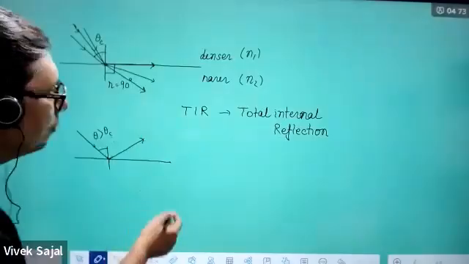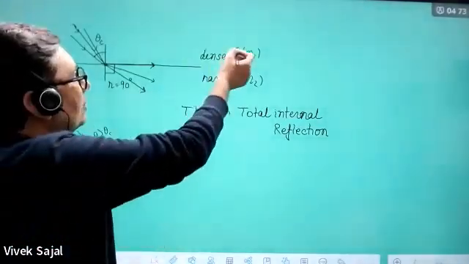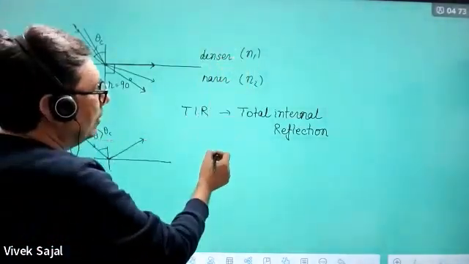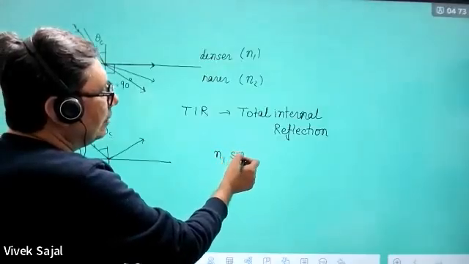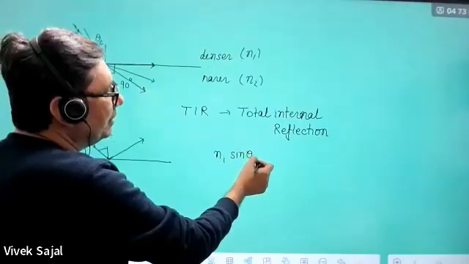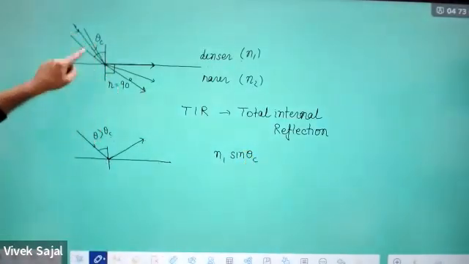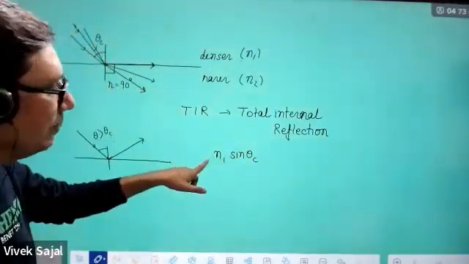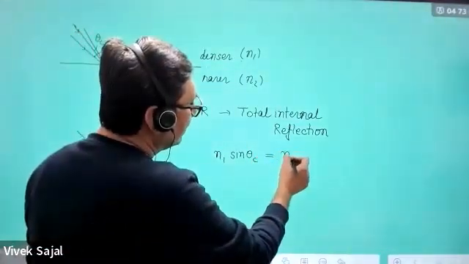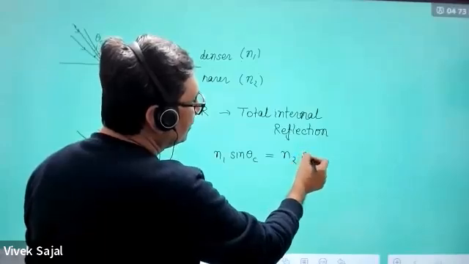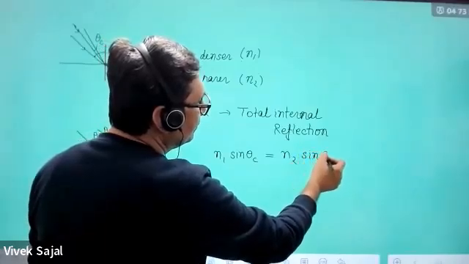How can you calculate this angle? Try to understand. This is the first medium, so I write n1. The angle of incidence is theta c in the first medium. This will be equal to the refractive index of the second medium and the angle of refraction, that is 90 degrees here.